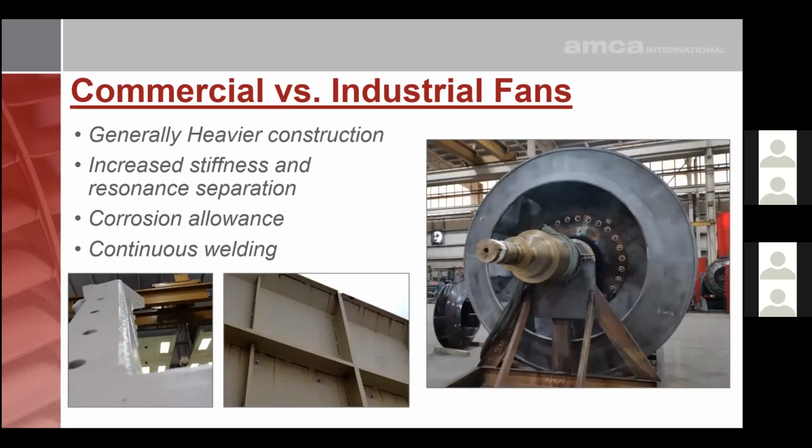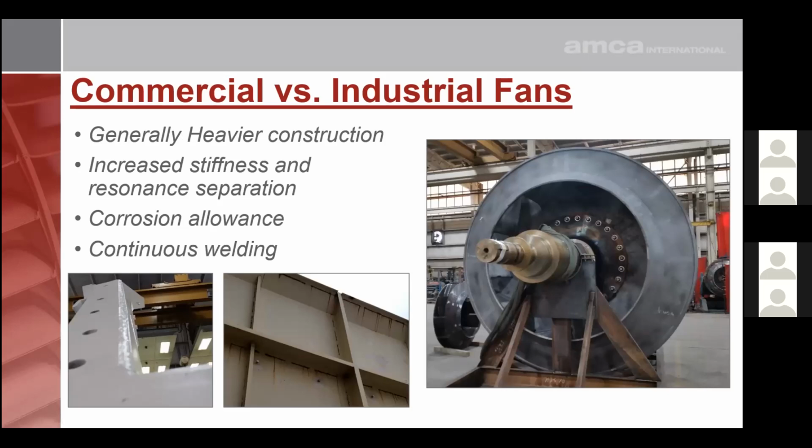I do, good. All right, so today I will be discussing some of the differences between commercial and industrial fans. There's no line in the sand as far as when fans are classified as commercial or industrial. Industrial fans are generally larger for a given speed or have higher blade tip speeds.